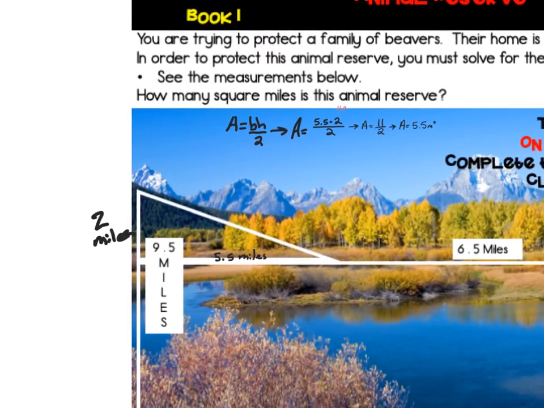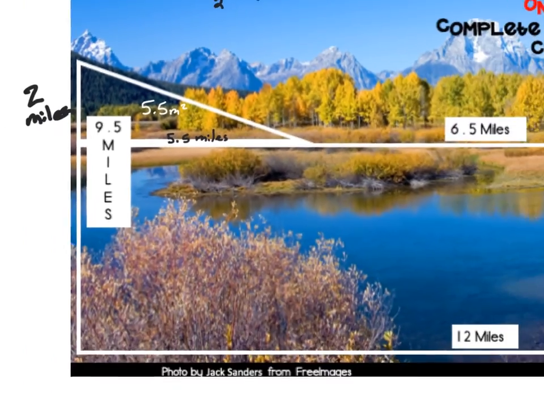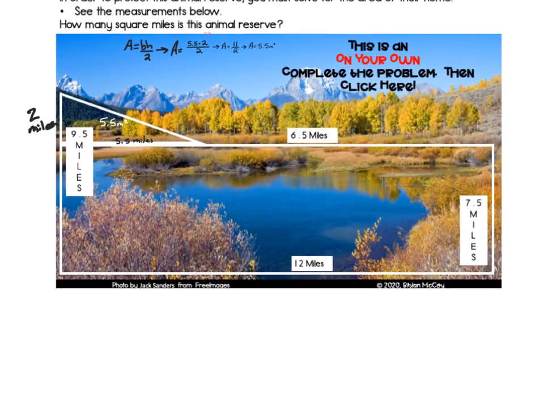So let's come back here, and we're going to plug that in right here. And let me do this in white so it shows up a little bit better. 5.5, and that's miles squared for the triangle area right here. Superb, my friends. Now, all we have to do is solve for the area of this big old rectangle at the bottom, right?